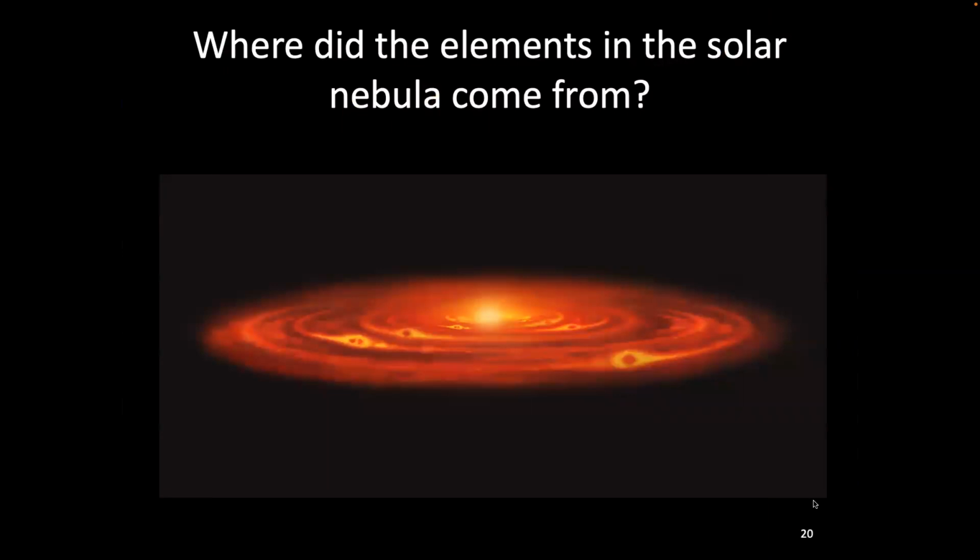Okay, so let's go back to the building blocks, right? Where do the elements in the solar nebula come from? The stuff that we use to make our planets. We currently are made of what type of elements, by the way? Carbon, good, we know that. Nitrogen, oxygen, hydrogen, not mostly iron though.